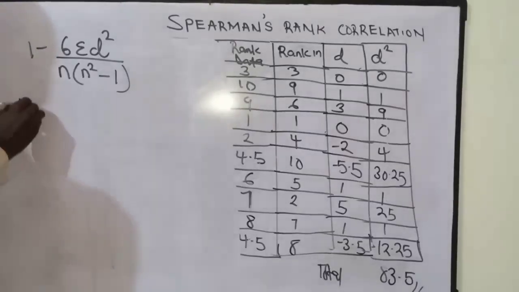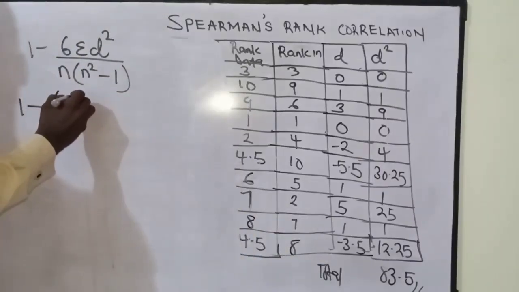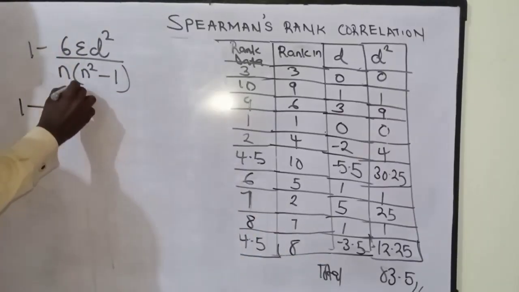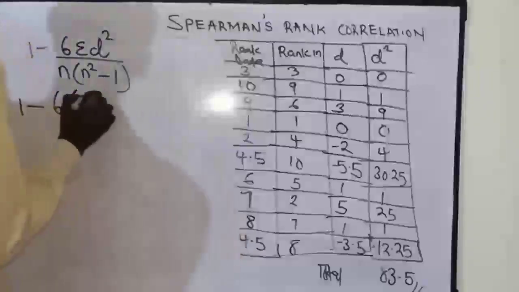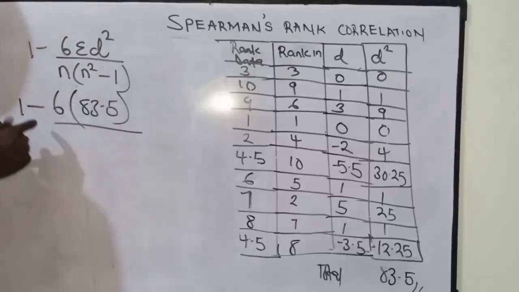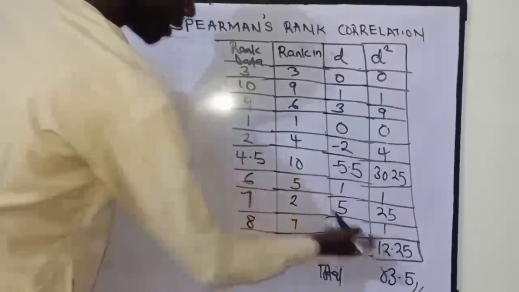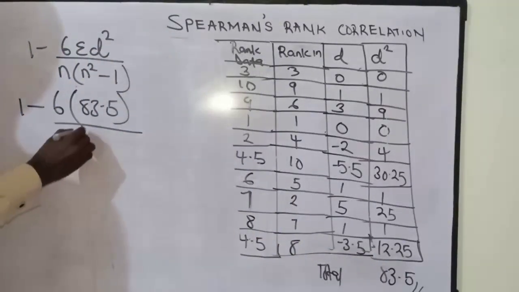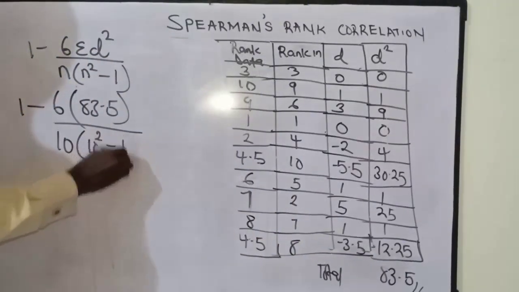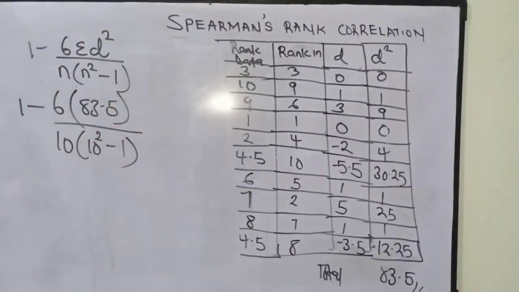So let's input it. Summation D square is 83.5, divided by n, which is 10, open bracket of 10 square minus 1. That is how it will be.